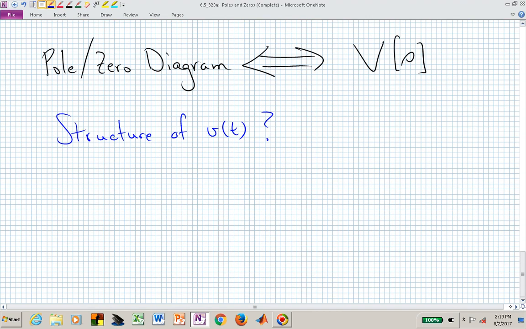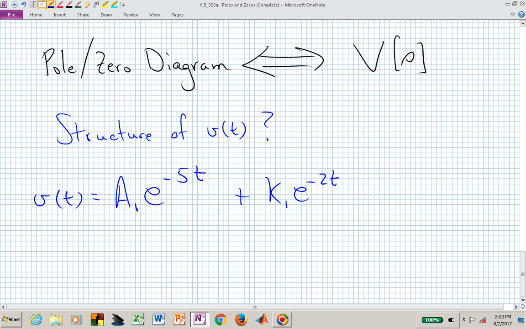So if you now see those poles, you can write down very quickly that the structure of v of t is some coefficient a1 weighting the mode due to the pole at minus 5, which gives you this exponential e to the minus 5t, and then you have sines and cosines that are exponentially damped, and let's say that they are weighted with a k1 e to the minus 2t.